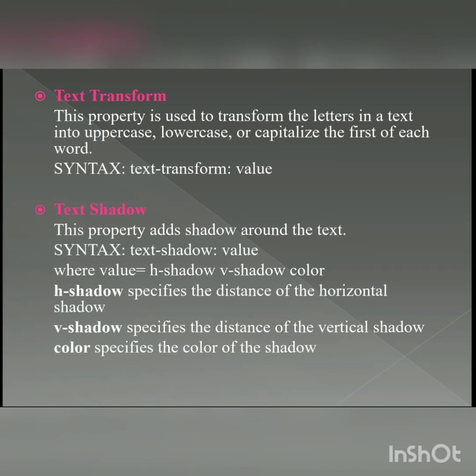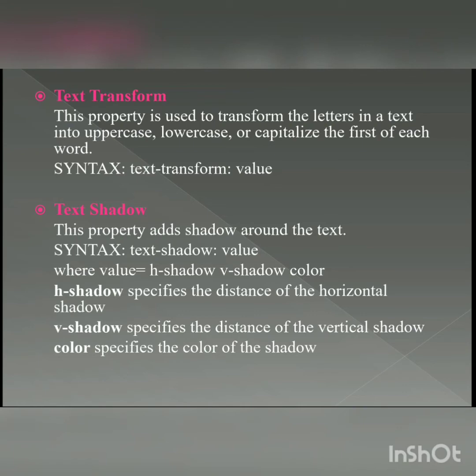Next is text shadow. Text shadow is a property that is used to add shadow around the text. And what is the syntax we have for this? The syntax is text shadow, then we will write the value. See, the value is H shadow, V shadow, space, color. So what is this H shadow? H shadow specifies the distance of the horizontal shadow.